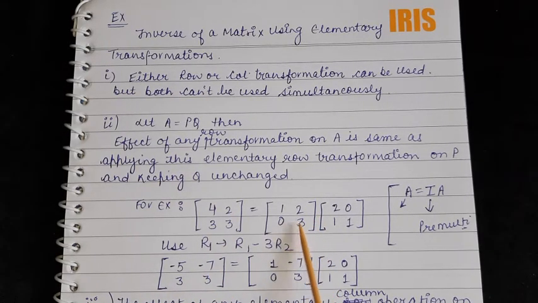Now the same transformation we will apply here also. 1 minus 3 times 0 will be 1, and 2 minus 3 times 3, which is 9, so 2 minus 9 is minus 7, but Q will remain unchanged.